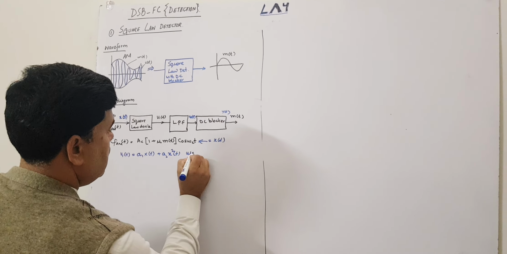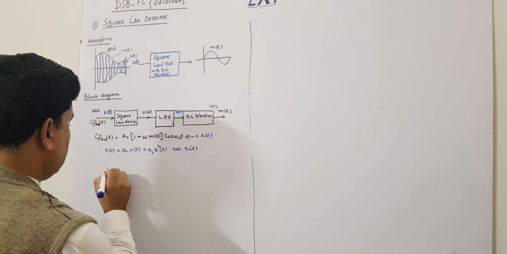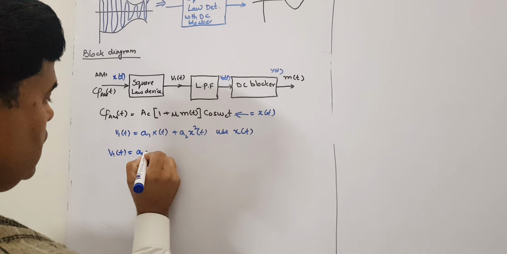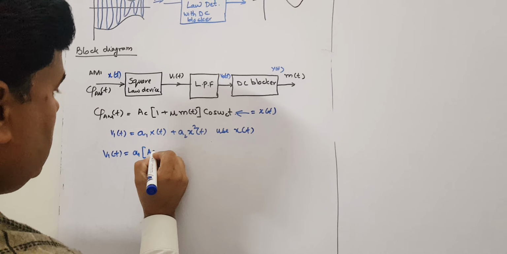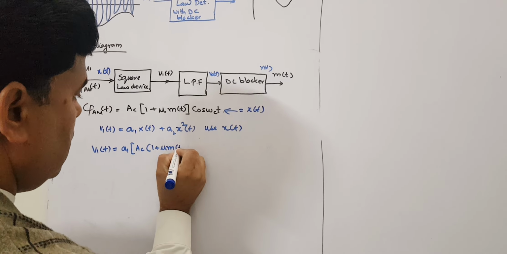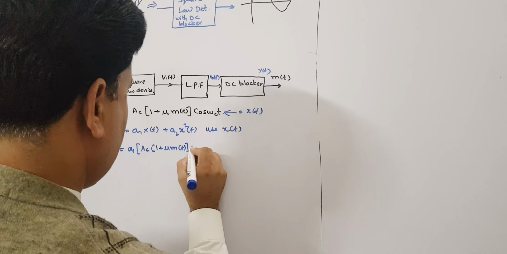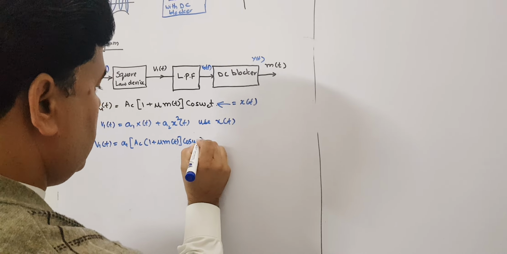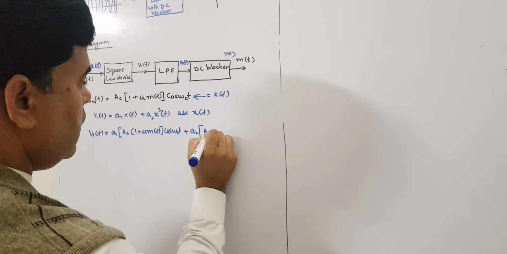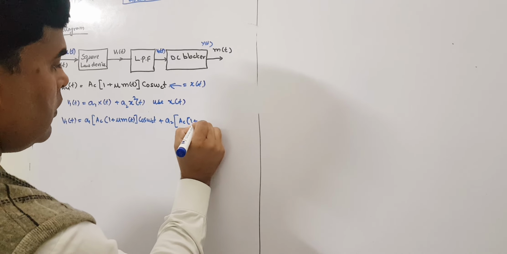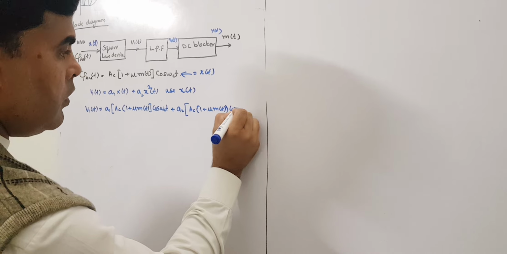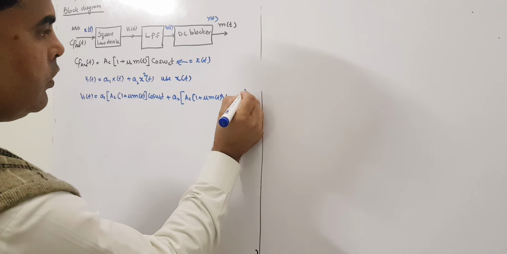So we can insert the value of x(t) in this equation. V1(t) is equal to a1 Ac(1 + mu m(t)) cos omega c t plus a2 (Ac(1 + mu m(t)) cos omega c t) whole square.